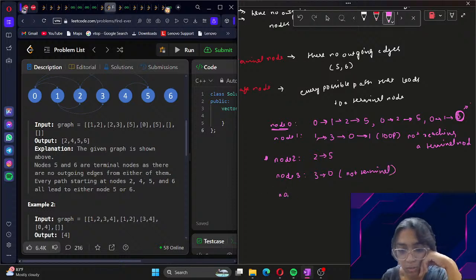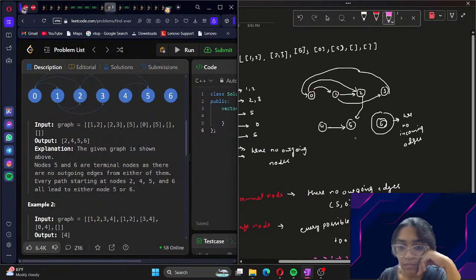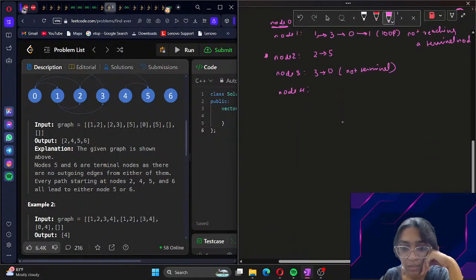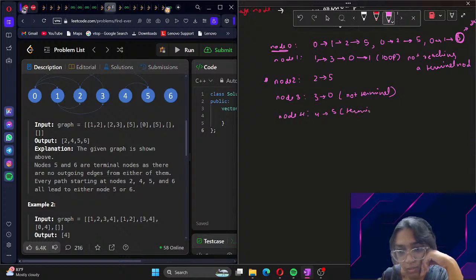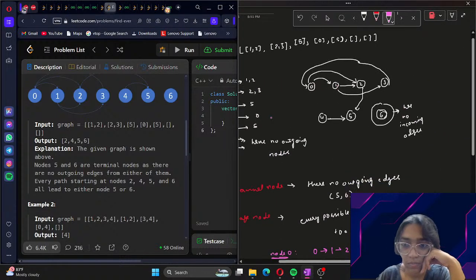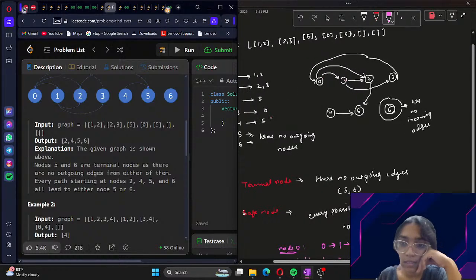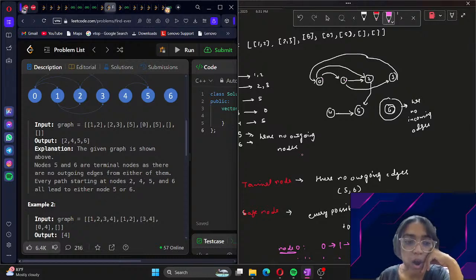Then going to node 4, it has only one outgoing path and it is going to 5. So it is a safe state. Coming to 5 and 6, both of them are terminal nodes.